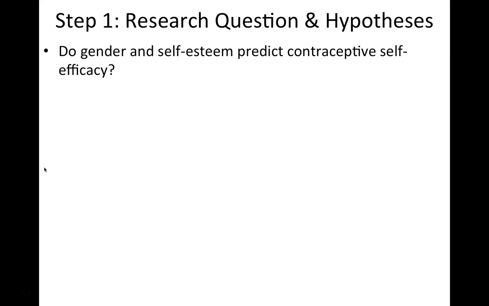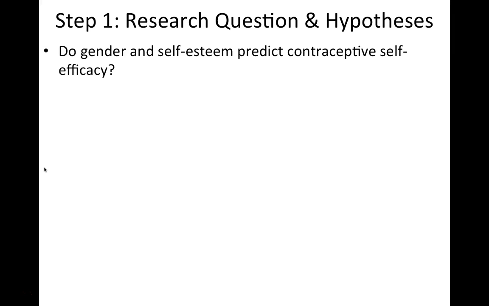So these are both associations that we've looked at before, independent of one another. We've looked at gender and done a t-test to examine the difference in levels of contraceptive self-efficacy. We've looked at the correlation between self-esteem and contraceptive self-efficacy. And now we want to be able to predict contraceptive self-efficacy scores.